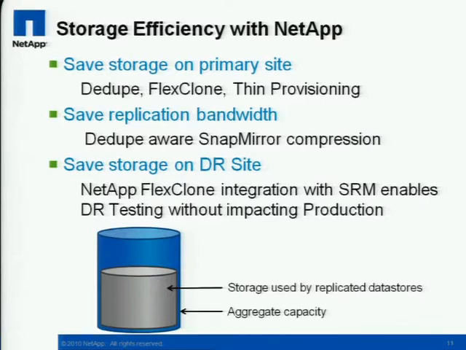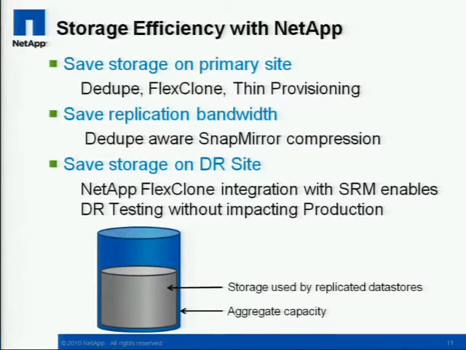What a FlexClone will do is create another set of metadata that says a flex volume exists. That metadata will point at the same blocks of data that the original volume is using. And you'll essentially have, when you view the storage, two copies of data with only 1x the use of space. And then this is given to the SRM product to use for disaster recovery testing.